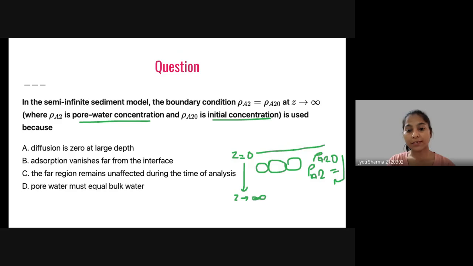So what we are saying in the question is that if we are going away from the interface, z approaching infinity, then why is the concentration of A in the pore water equal to the concentration of A in the pore water at the initial time?